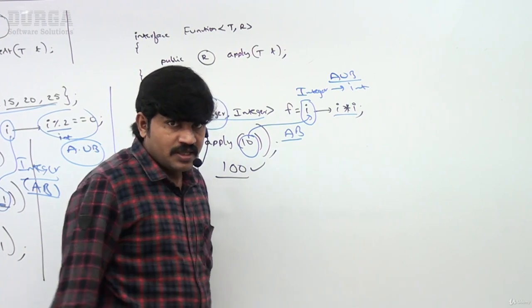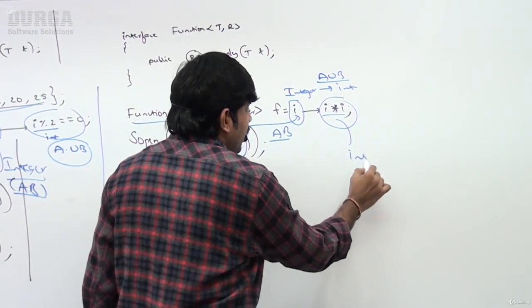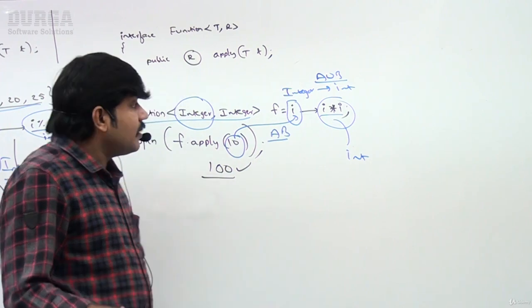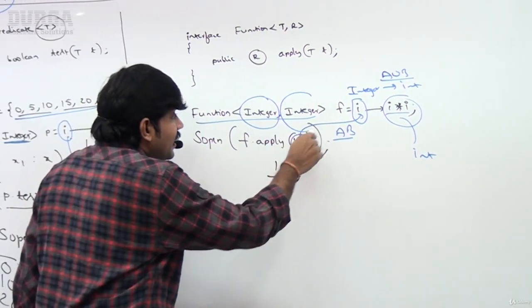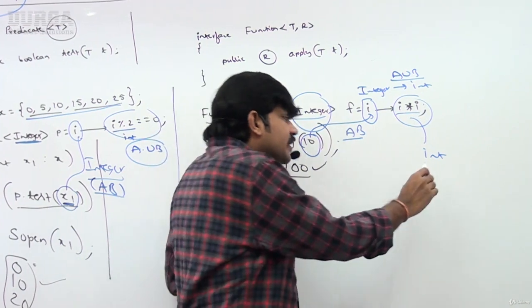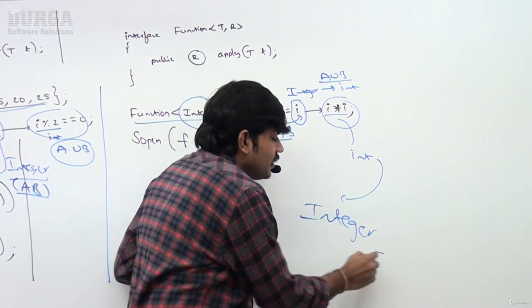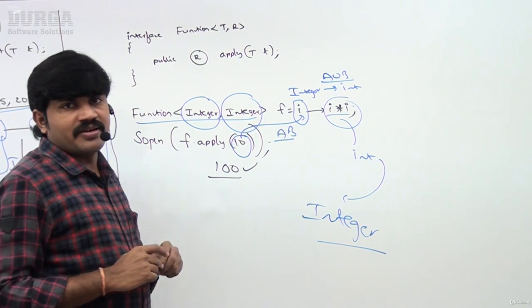I into i means the square value is int type, assume. But it has to return Integer type. That's why again this result will be converted into Integer. Are you getting?